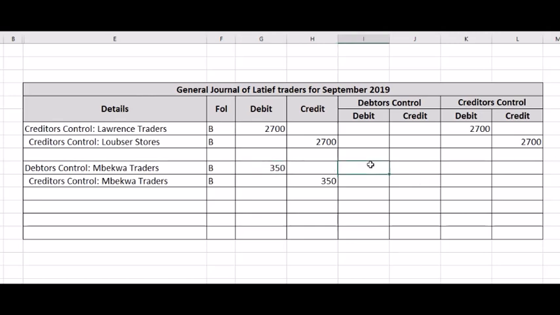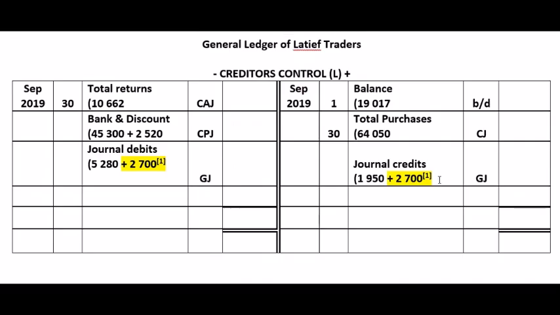So this will affect our debtors control on the debit side and our creditors control on the credit side. We don't care about debtors control for the moment, but we know that our total journal credits in the creditors control account will suddenly be 350 Rand more. So your journal credits will have an additional 350 Rand because of this adjustment entry number 2.